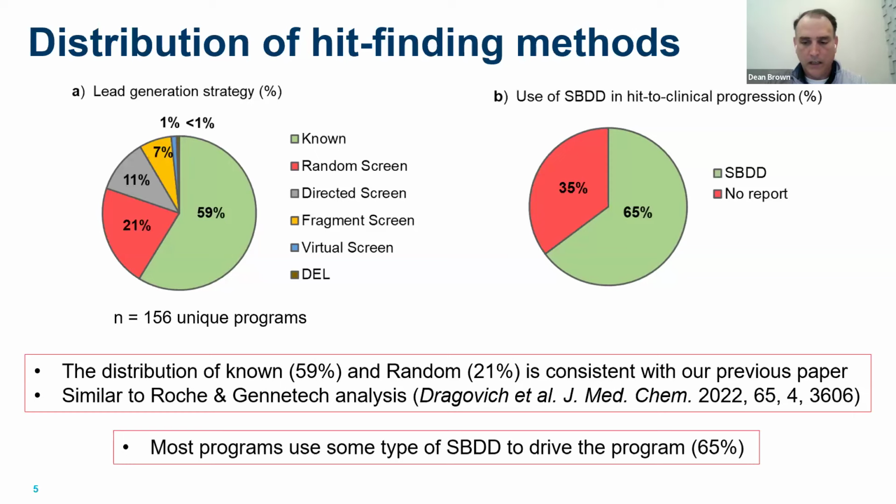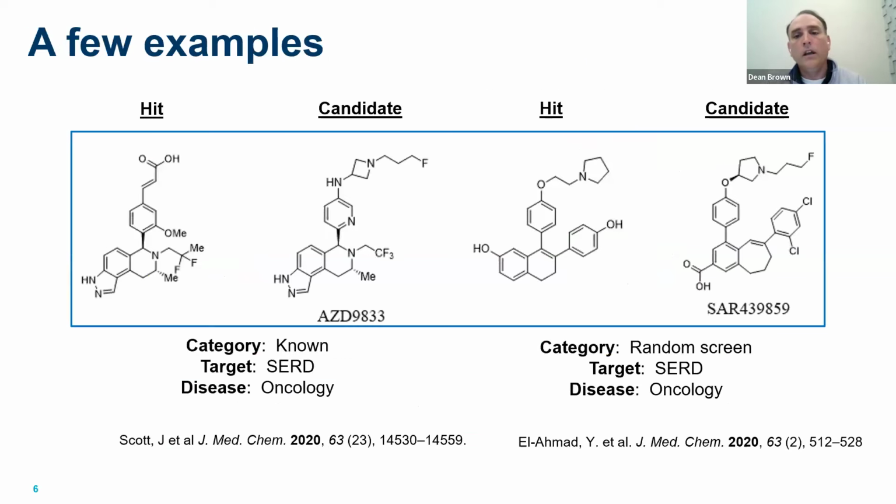So what does it mean to come from a known starting point? Well, before we do that, let me just show you how we've cataloged these examples, just to orient you. If you look at the left, here's an example in the category of a known hit. This is a selective estrogen receptor degrader from AstraZeneca.